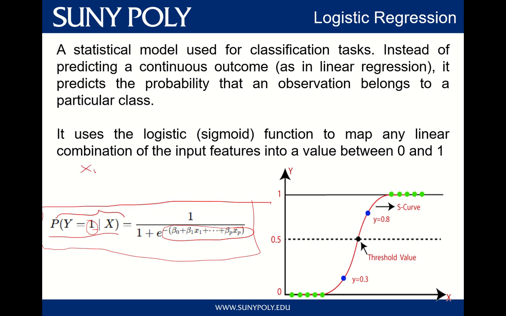Some possible variables: let's say x1 is the percentage of attendance. That has to be important, right? There is a second variable, the hours per week that the student does independent study.